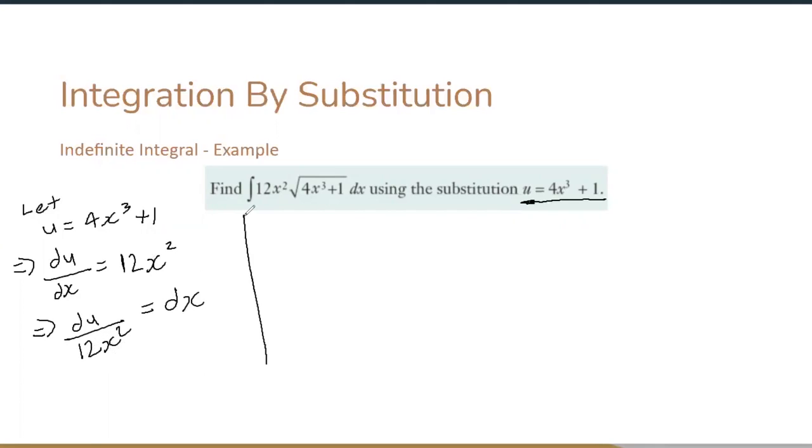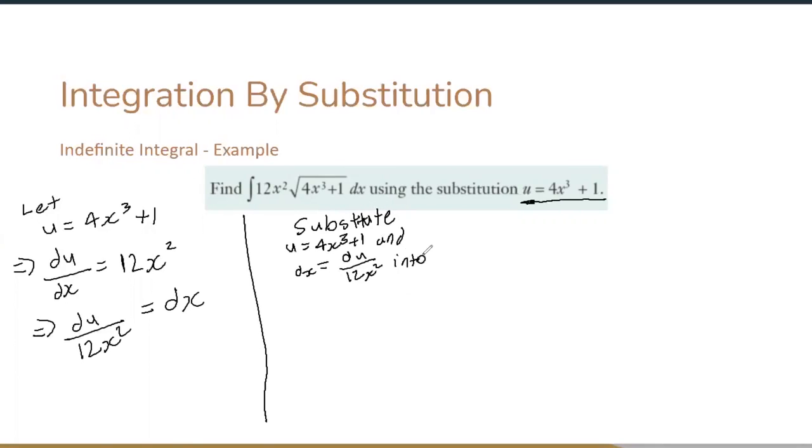So what I'm going to do now is substitute u equals 4x cubed plus 1, and substitute dx equals du over 12x squared.